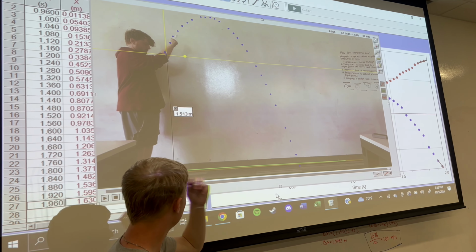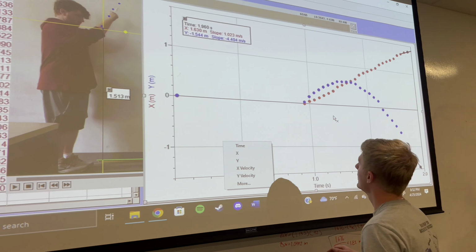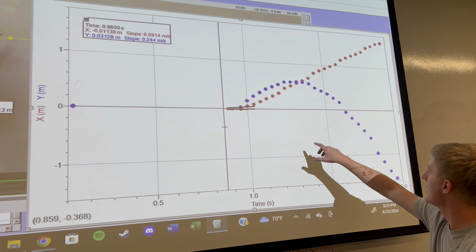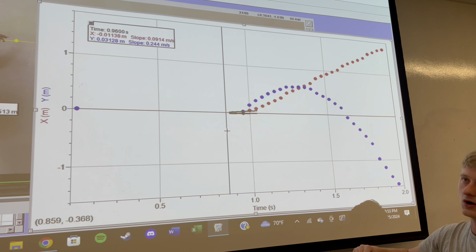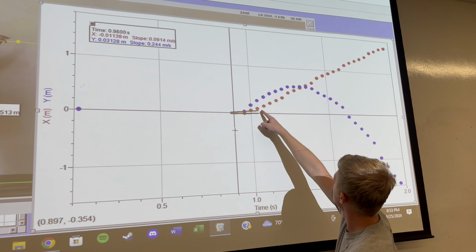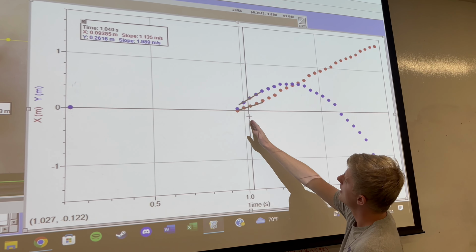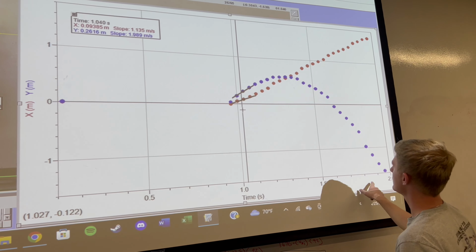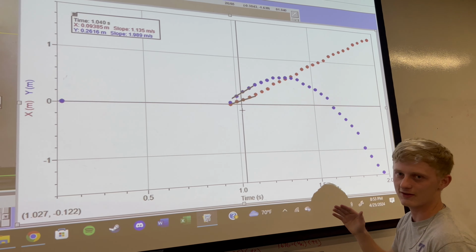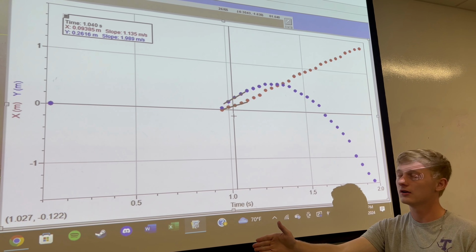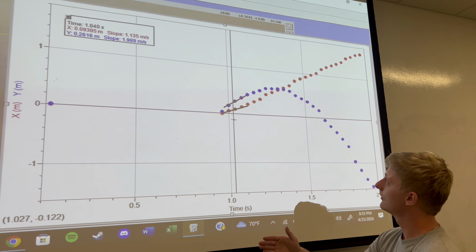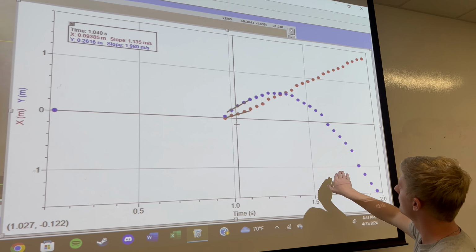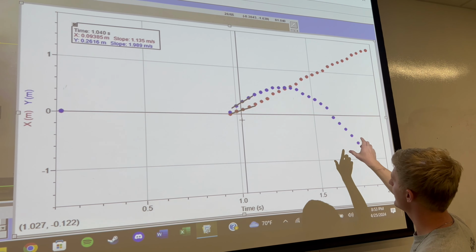And for the data, as you can see right here, it shows the position, time, and velocity of the X and Y of the ball. The red one is the X. You can tell this because time is increasing, but the velocity remains pretty constant, because there's no forward acceleration on the X. In Logger Pro it goes up and down a little bit, but overall it's about the same.